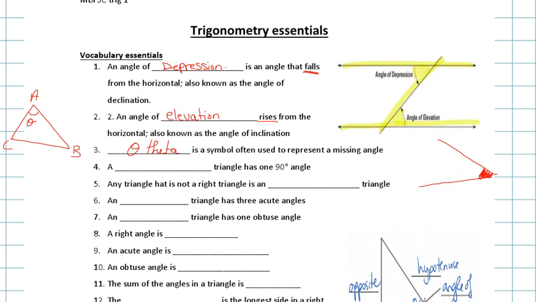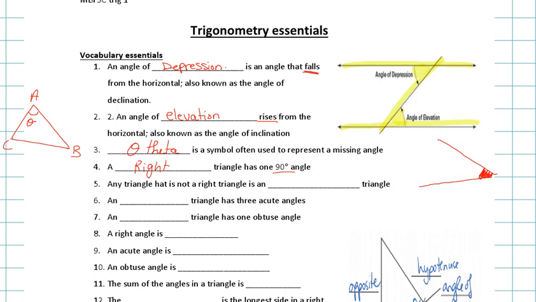What do we call the triangle that has a 90-degree angle? That's right. A right triangle. So a right triangle has a 90-degree angle. If it's not a right triangle, then we call it an oblique triangle.